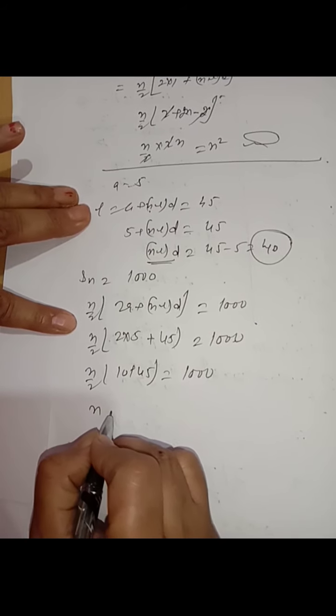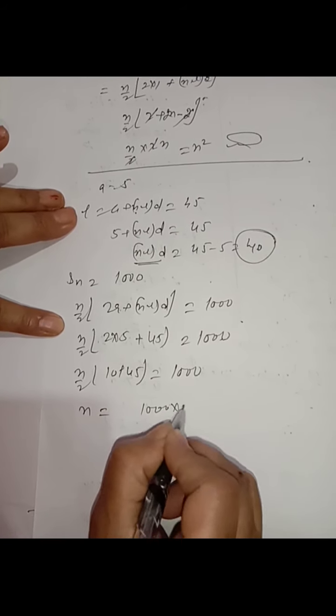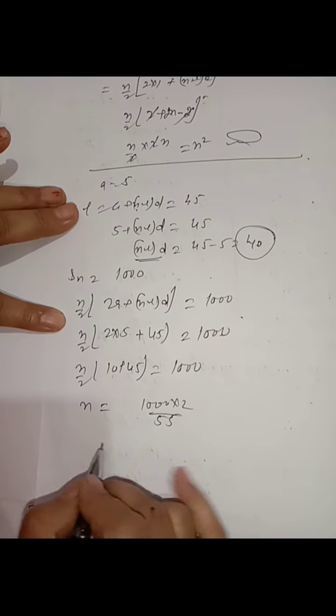This means n is equal to 1000 into 2 over 55, you will cut and you can get the answer.